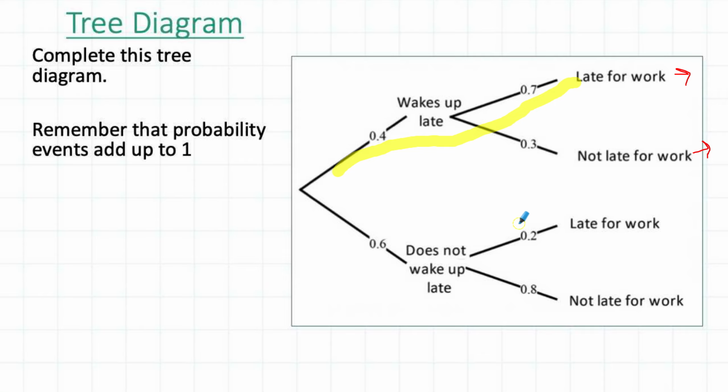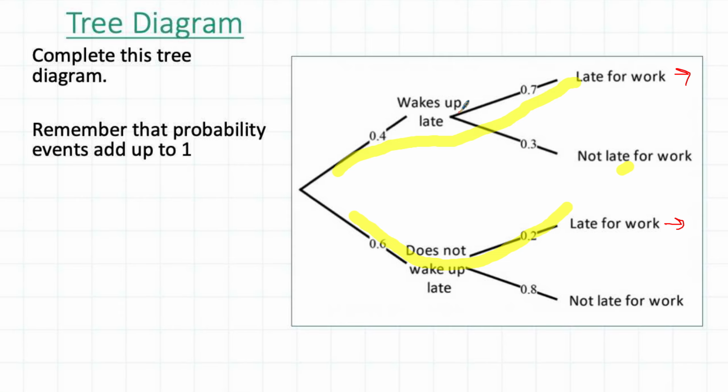For example, if I'm only looking for the probability of being late to work, then late to work shows up here. It also shows up here. So late to work shows up on two possible routes. So because of that, I need to calculate the probability of the first one and the second one, and then I'll add them together.